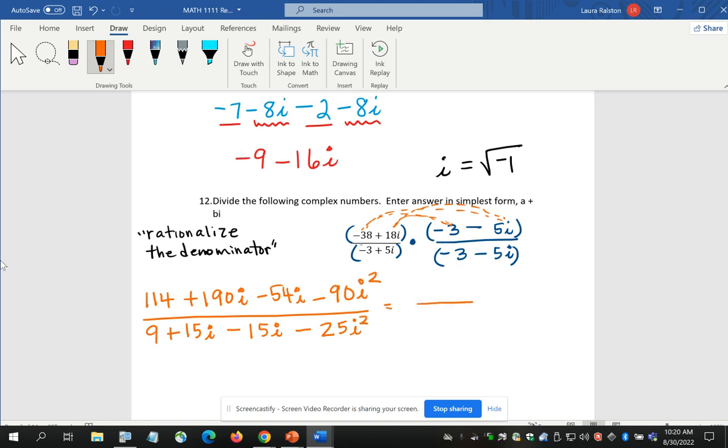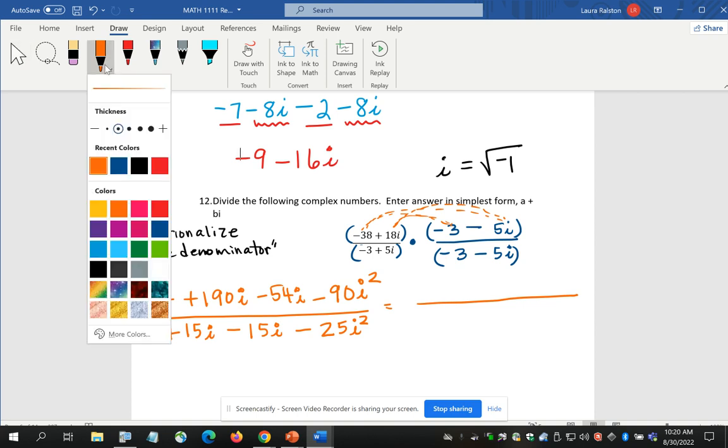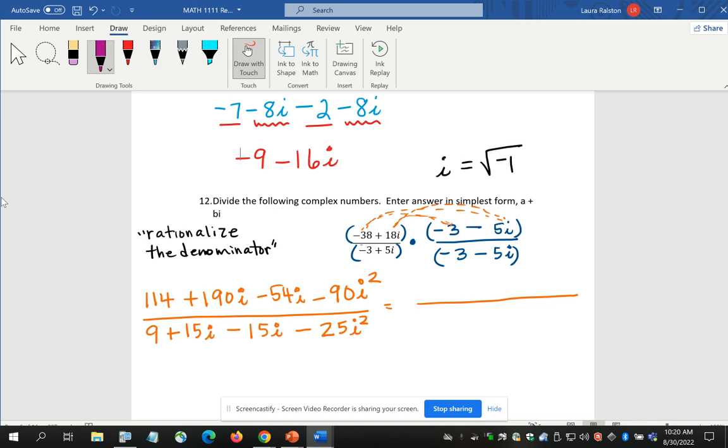Okay, then I'm going to go back and combine what I can in the numerator and the denominator. So I have 190i minus 54i, so 190 minus 54. So I have 114 plus 136i minus 90i squared.